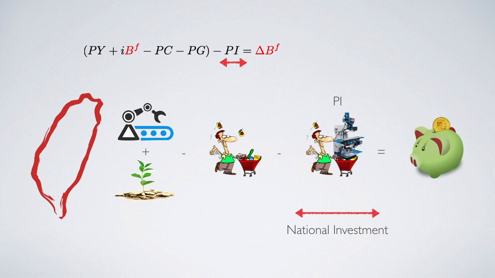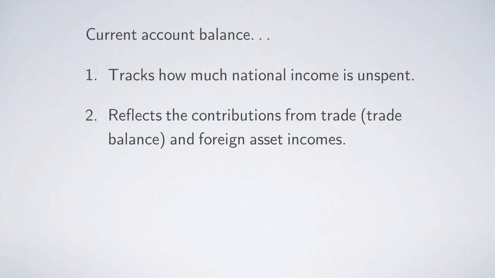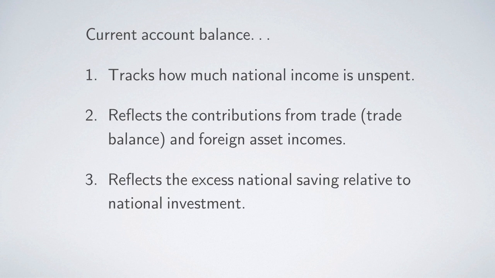It must come from the fact that we borrow from overseas markets. Then we will see a decrease in our net international investment position, which means that delta BF will be negative. So basically, current account balance reflects the excess of national saving relative to national investment.